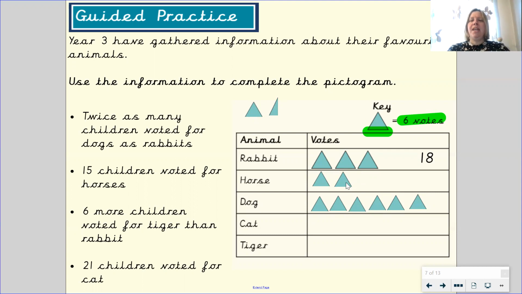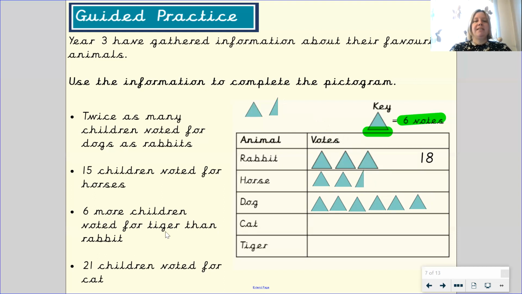Let's count on to see how many more I need to make 15. 12, 13, 14, 15. So I need to represent 3. If one triangle represents 6, how could we represent 3? We could represent it with half a triangle to show 15.